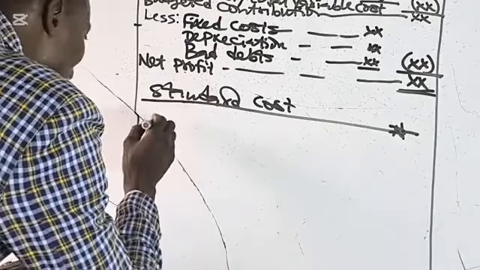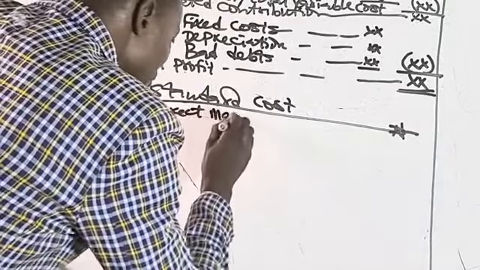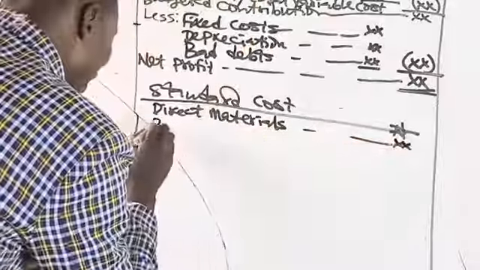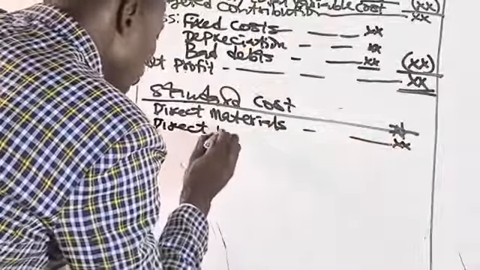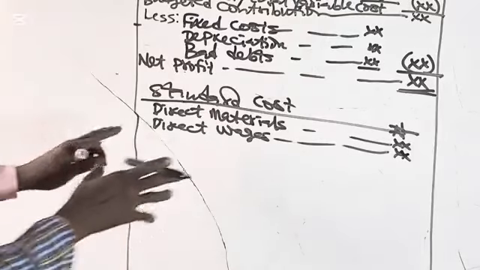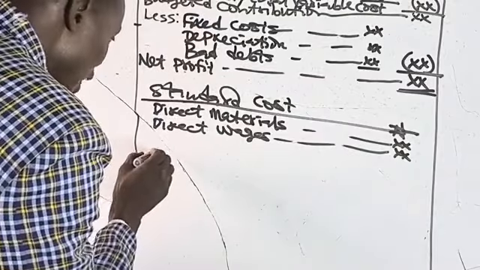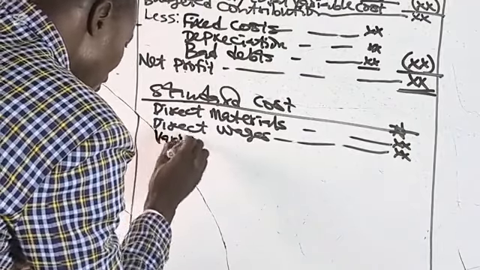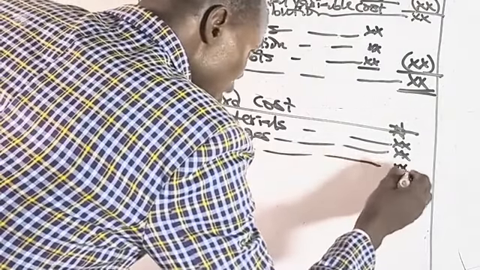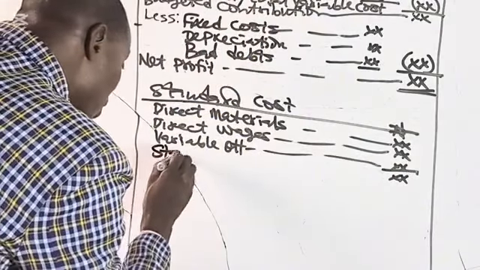Your standard marginal cost may include direct materials, direct wages, the standard cost. This information will be obtained from the standard cost card. Then variable overheads. By the time you sum up all these, you get the standard marginal cost.